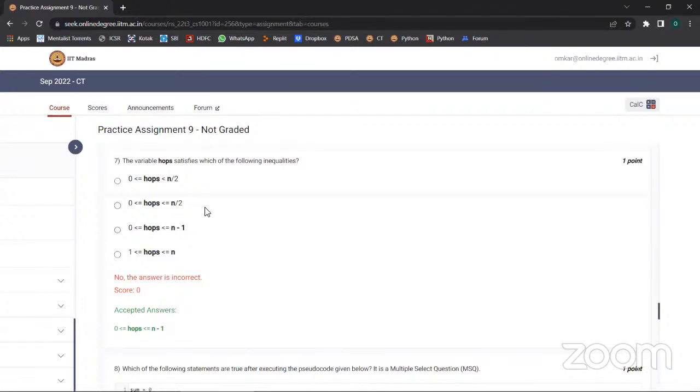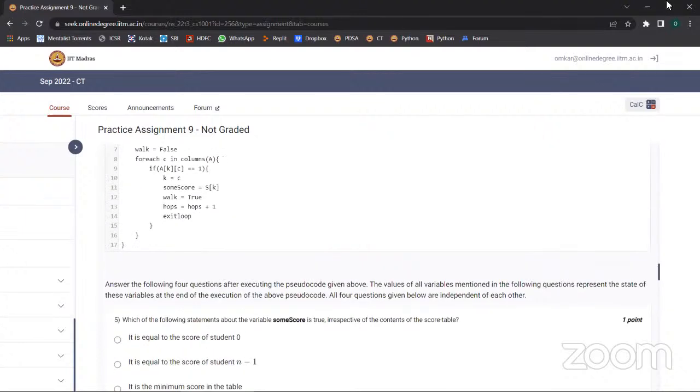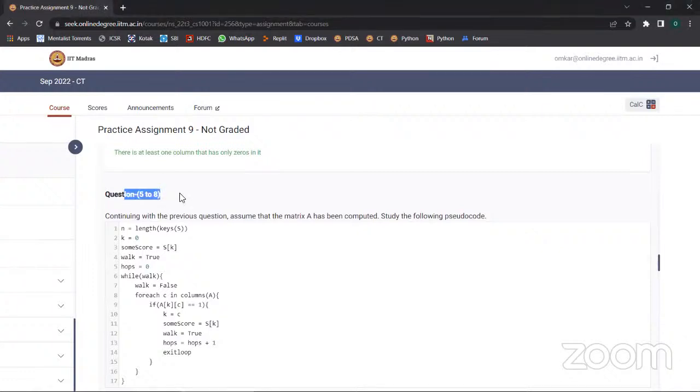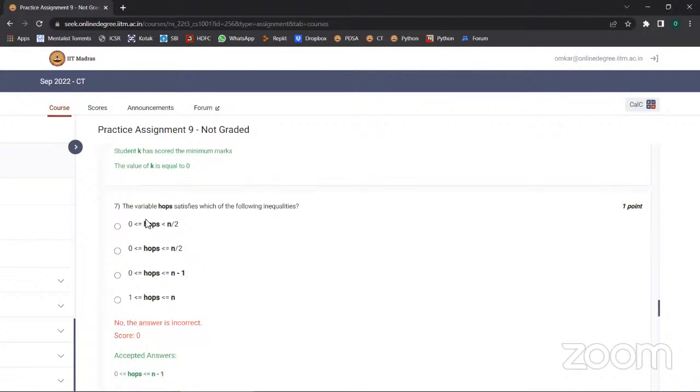I think this question is related to some previous question, and these are dependent questions. Yeah, 5 to 8 are based on some common pseudocode. Fine. So 7.1 says the variable hops satisfies which of the following inequalities.